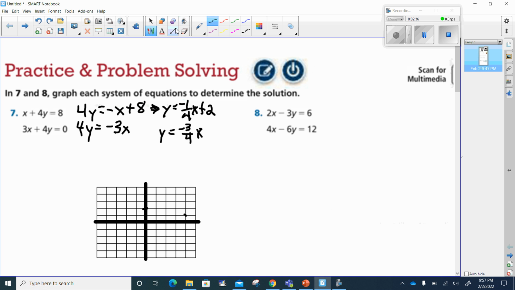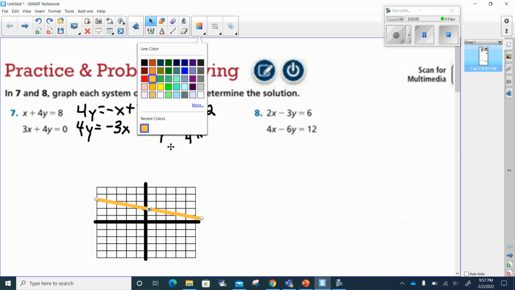So our line is going to reside there. That's our first line.